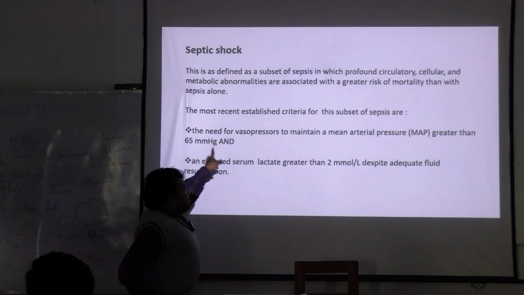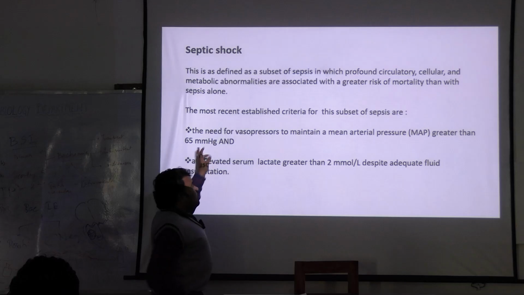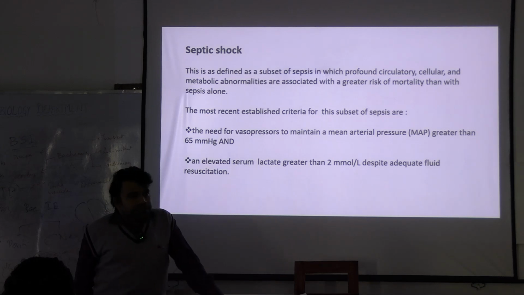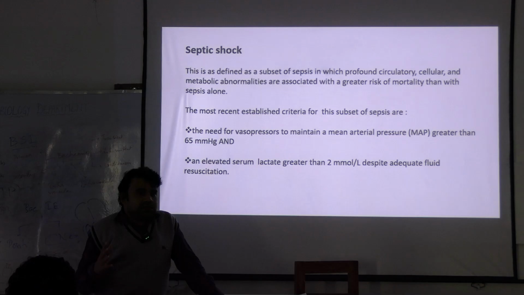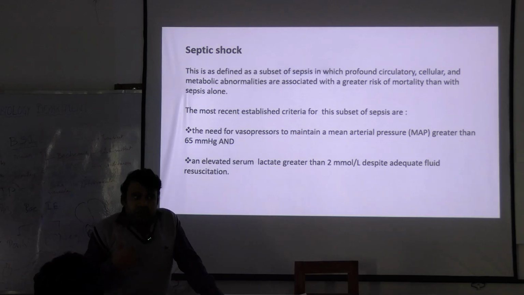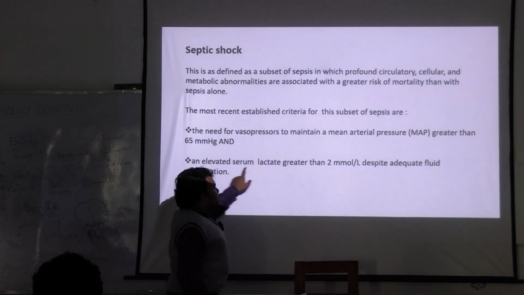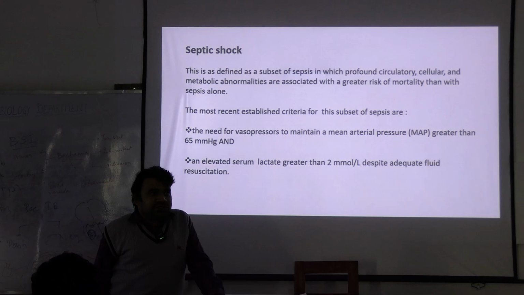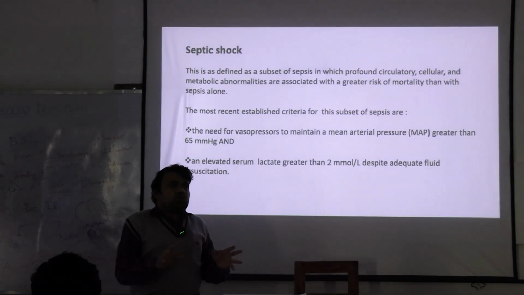The first is the need of vasopressor to maintain mean arterial pressure of more than 65 millimeter of mercury. Normally what happens? Suppose blood pressure is low, then what do I have to give? Fluid. Now if fluid is given and BP is not maintained, then I have to give vasopressor, noradrenaline. Or elevated serum lactate level of more than 2 millimole per liter. When is serum lactate produced in the body? Anaerobic respiration, right? When the body is in hypoperfusion, there will be anaerobic respiration going on throughout the body, so the lactate level in the body will rise. Both these indicate lack of tissue perfusion.